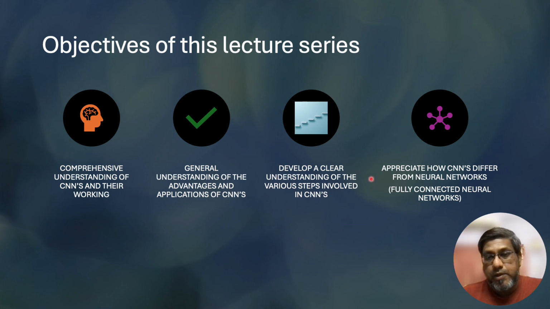And once we have done these, we should have a fair bit of appreciation for how convolutional neural networks differ from conventional neural networks. When we talk about conventional neural networks, we mean fully connected neural networks. What is meant by that and how CNNs differ from fully connected neural networks, we will discuss in due course as we go along in this series of lecture videos.